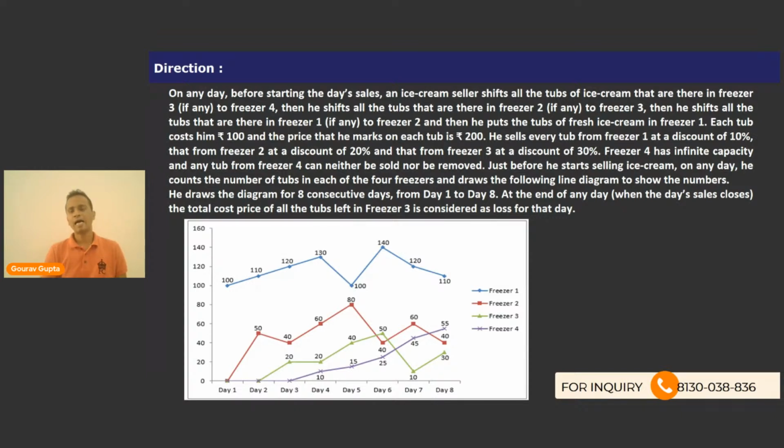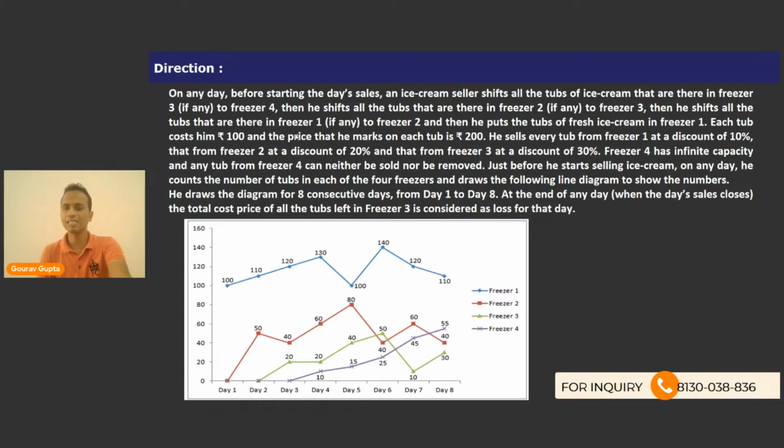I'll also write what is the additional number of tubs that are added to freezer 4 on every day, because in freezer 4 now we cannot remove any of the tubs. So the number of tubs in freezer 4 will keep on increasing. And then I'll also find out how many tubs from freezer 3 are left that will go to freezer 4.